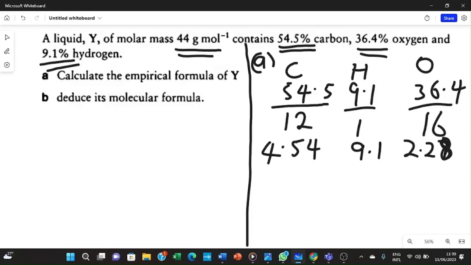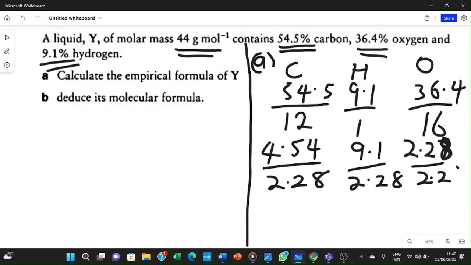The next step, these are the moles, so you divide through by the smallest. What is the smallest here? 2.28. So divide each by 2.28.